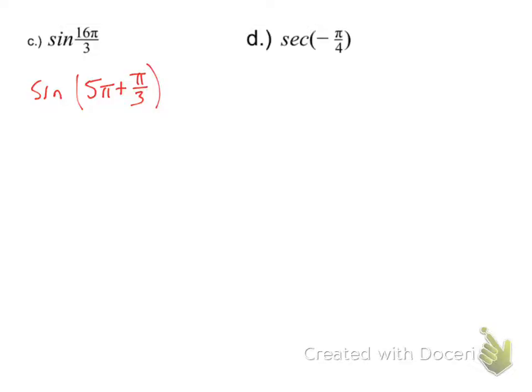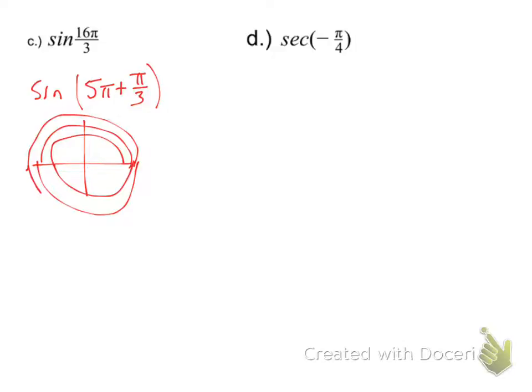But what we have here then is, we can draw a picture. 1, 2, 3, 4, 5, and a little bit more, and that little bit more happened to be pi over 3.